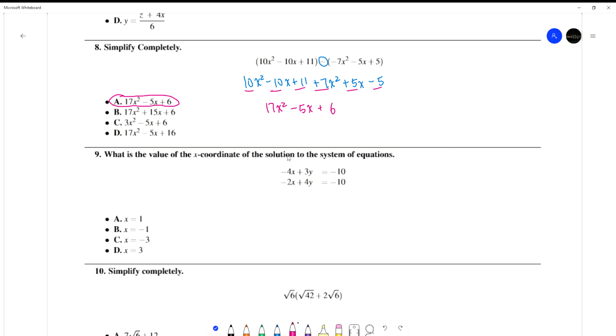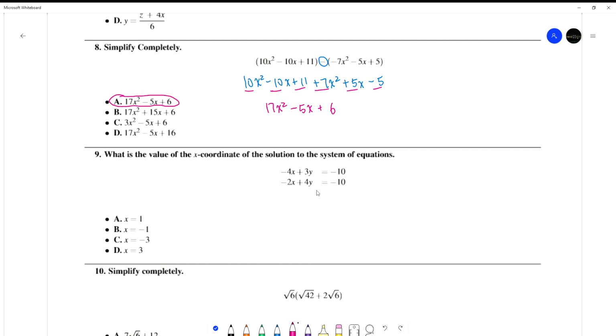right? So we might consider canceling the y's out, but if you want to do that, you would have to find the least common multiple of 3 and 4, right? Like normally, if they didn't care about just finding x, I would probably cancel out the x's right now because it's a negative 4x and negative 2.